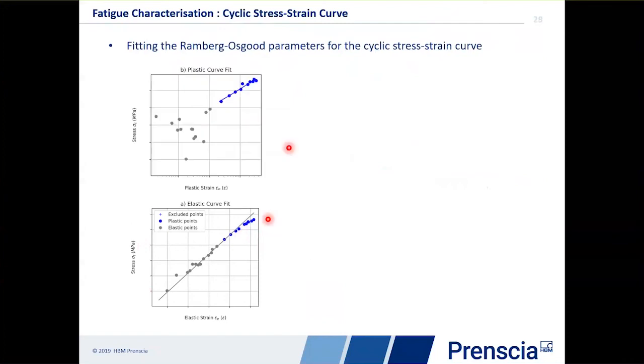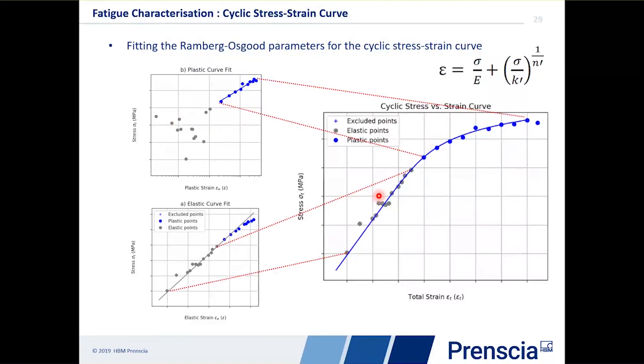When it comes to fitting the plastic part of the Ramberg-Osgood, we plot the plastic strain here versus the stress, and we plot this on log axes. So we do a linear fit in the log. These parts down here are all elastic in this case, so they're just quite noisy at this low level. We're looking for the line that fits just through the plastic ones. Once we've done that, we can take those 2 parts, and that enables us to build our Ramberg-Osgood parameters that we need for strain life analysis.